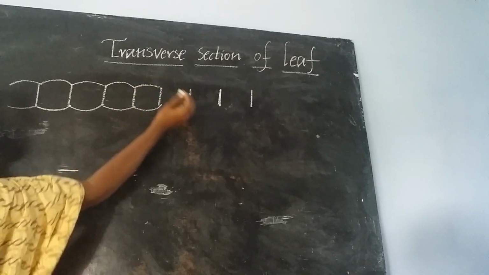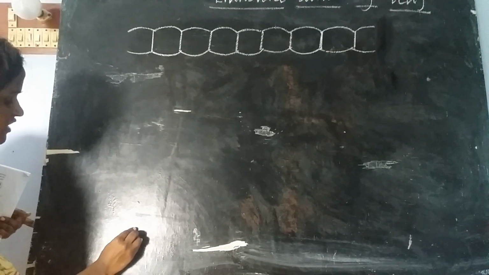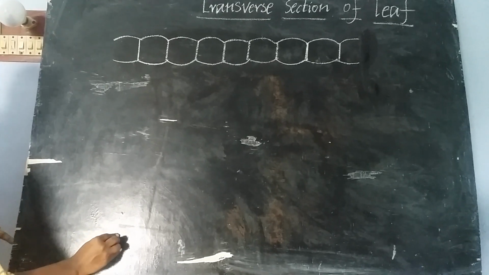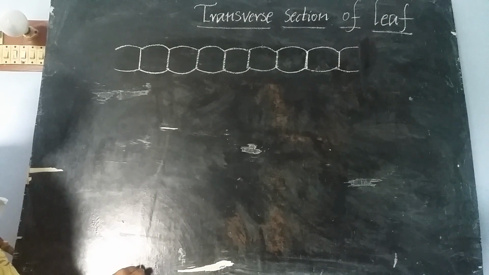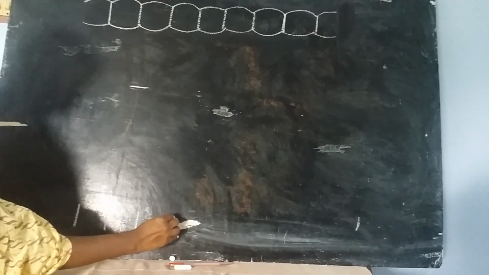It just looks like a chain. Downside also, follow the same pattern. Like a chain we have to draw. How you draw in the above line, in the same manner you have to draw.